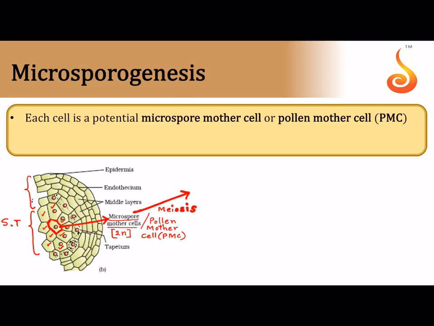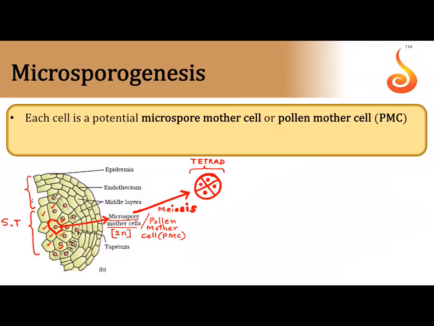You all know when a cell undergoes meiosis, we get 4 haploid daughter cells. Surprisingly, all the daughter cells are aggregated in the form of a cluster of 4, sitting together in a group. We can call this cluster a tetrad.